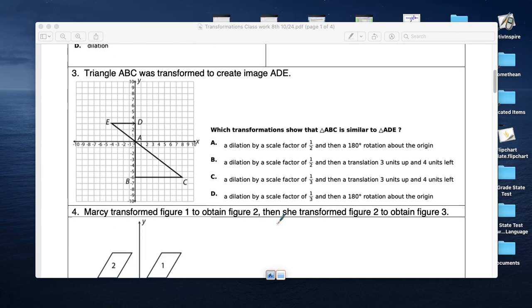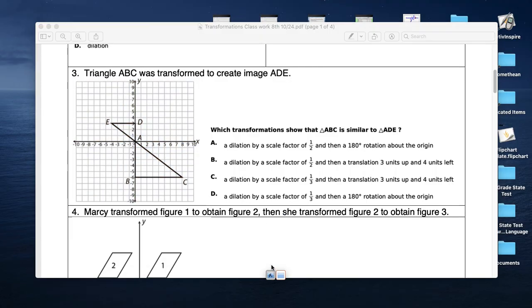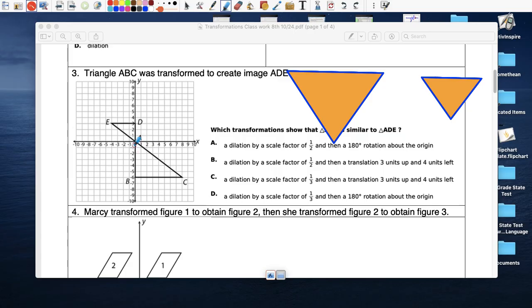You have two triangles here. This is the original triangle. As you can tell, it got dilated, and hopefully you realize that it also got rotated, so this triangle went this way.